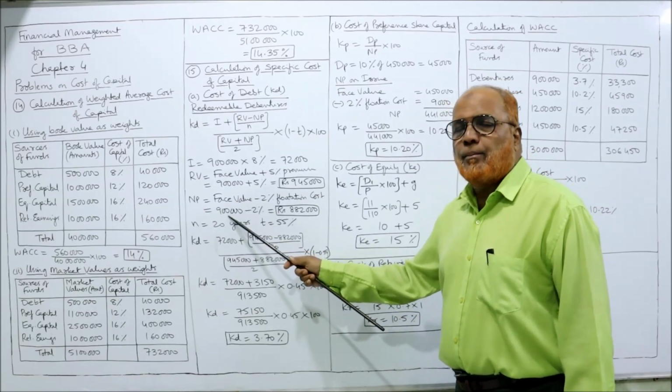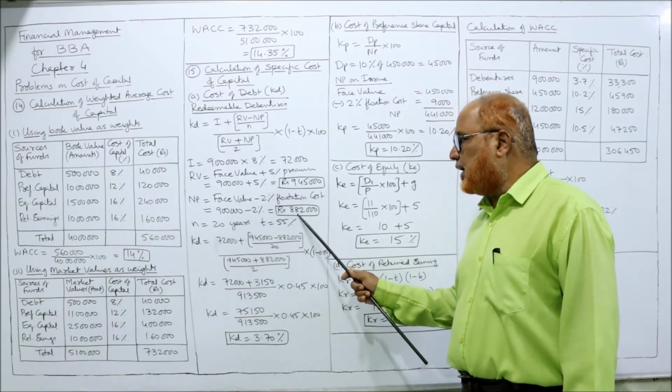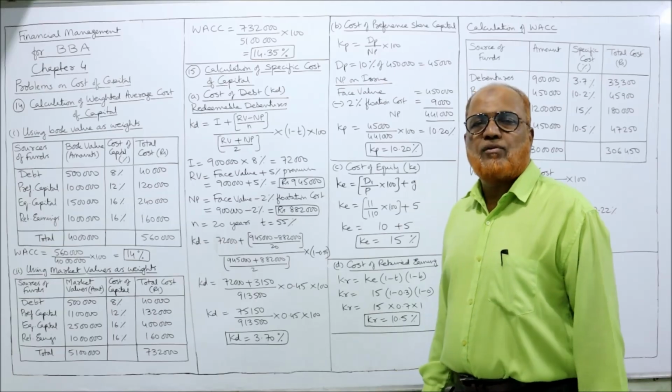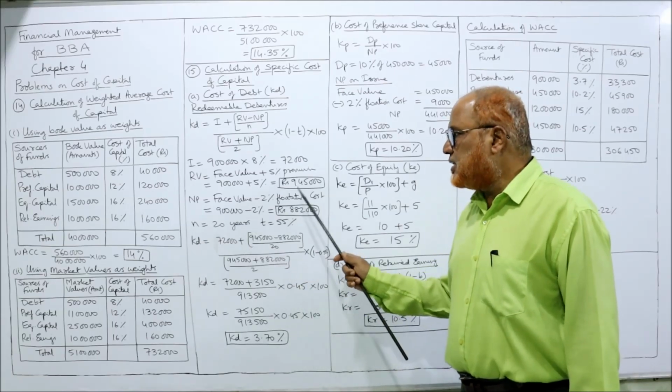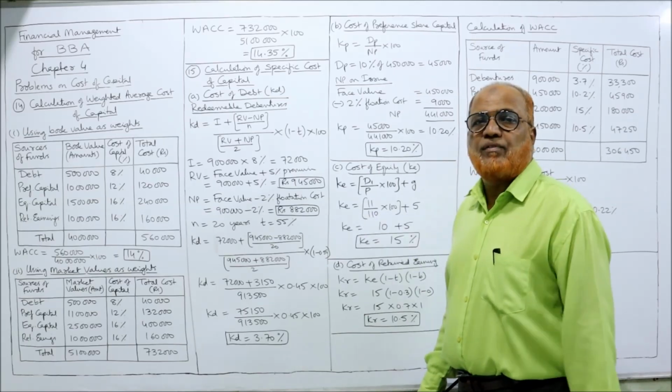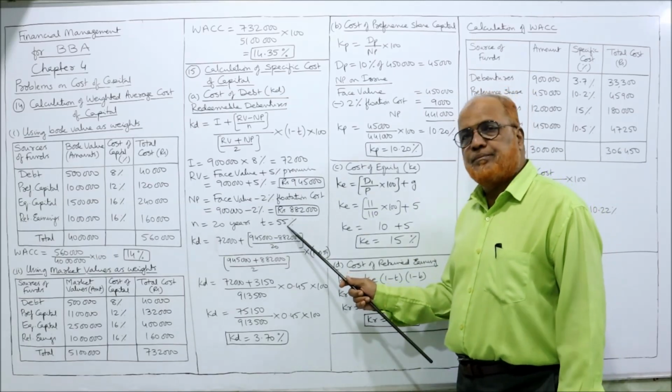So 9 lakh minus 18,000, you will get 8 lakh 82,000 net proceeds. N stands for number of years of redemption, 20 years. And T stands for tax rate. That is given, the corporate tax rate is 55%, 0.55.